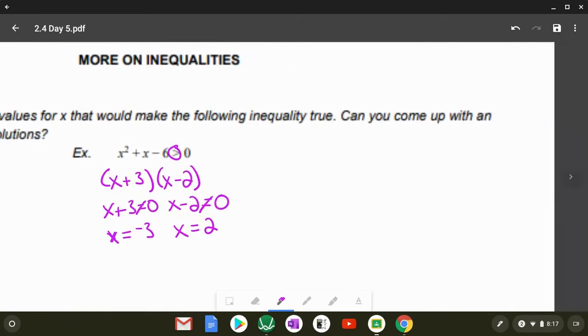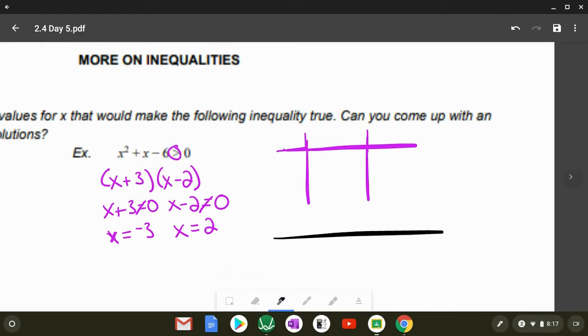And what we're going to notice here is, because it's an inequality, there can be multiple solutions. So if I'm on a number line here, and I have the number -3 and the number 2, I know that the number -3 does not work, and the number 2 does not work, because those two numbers cause my left side to equal 0.